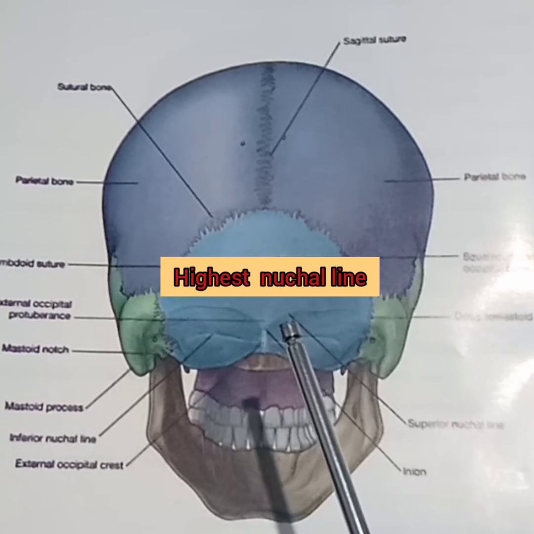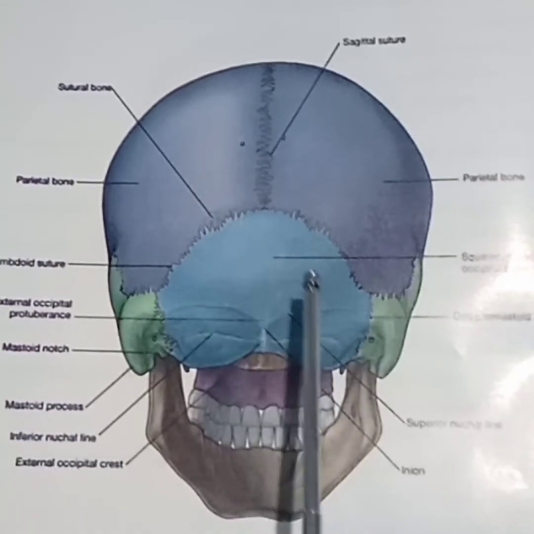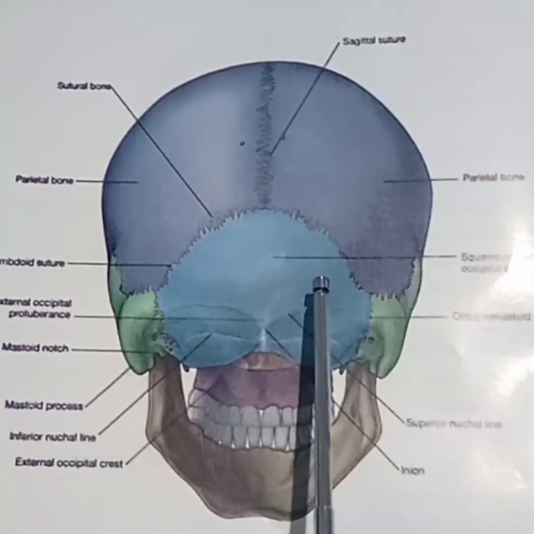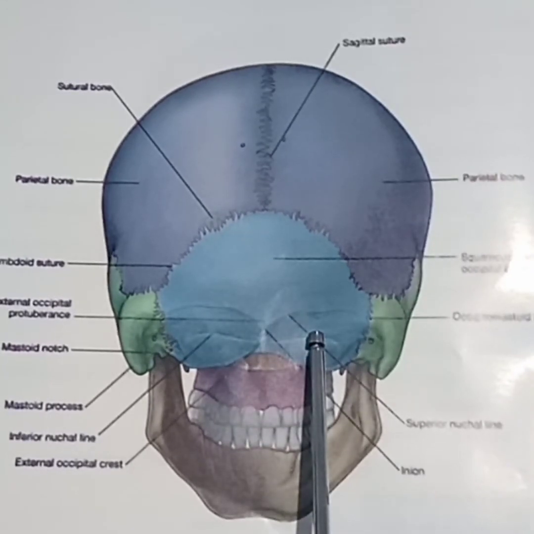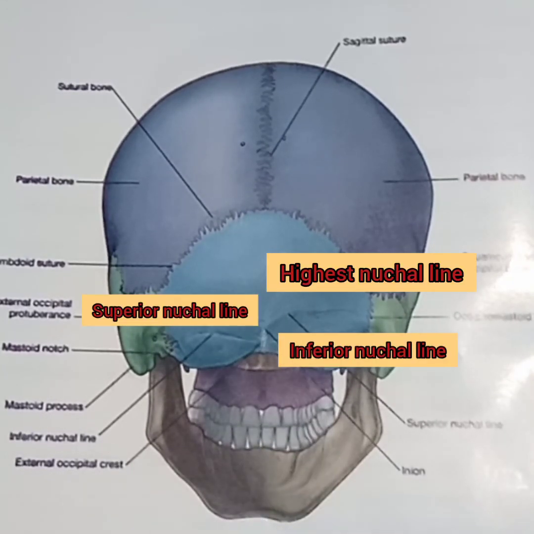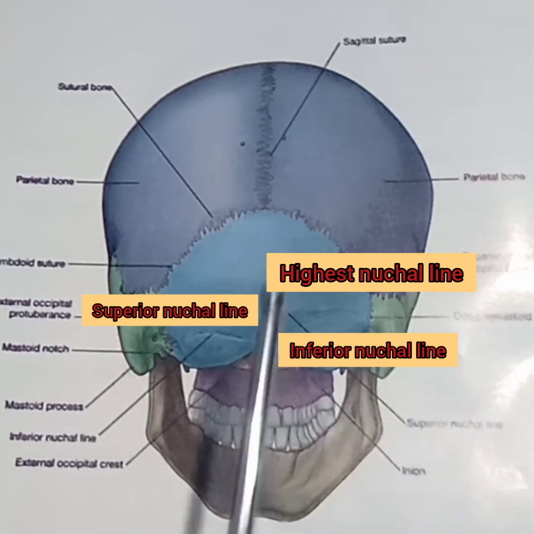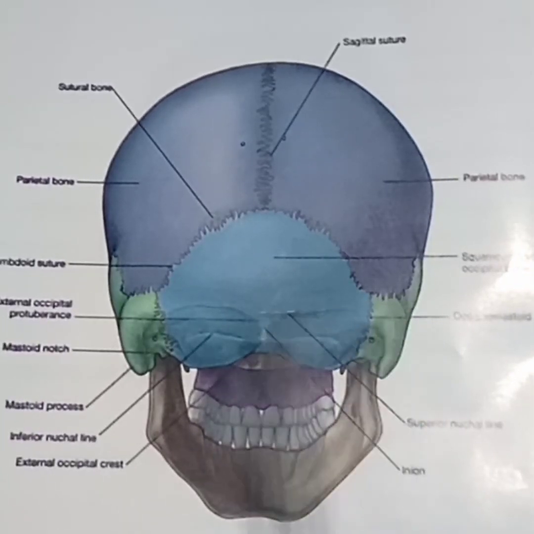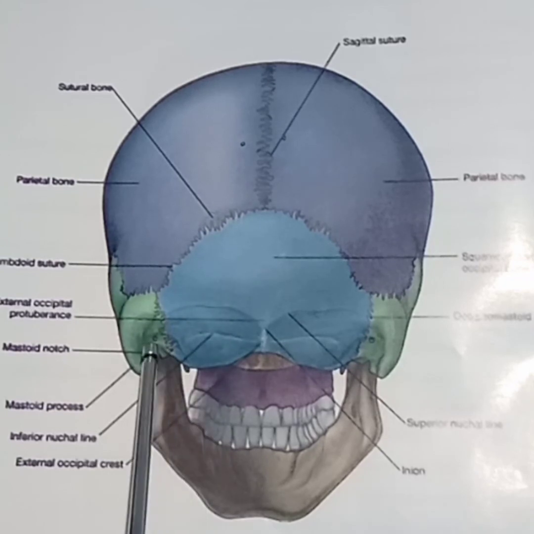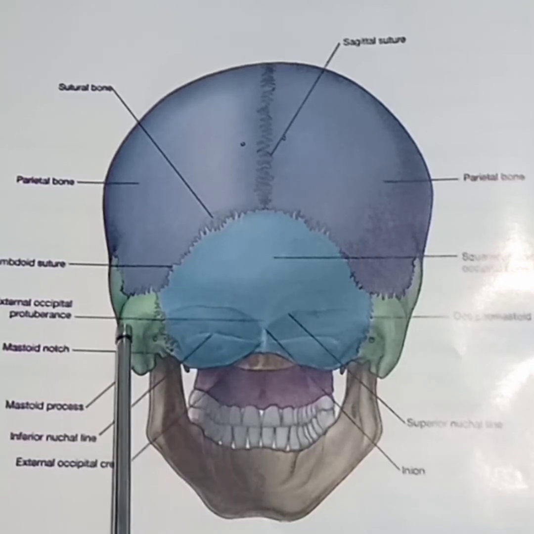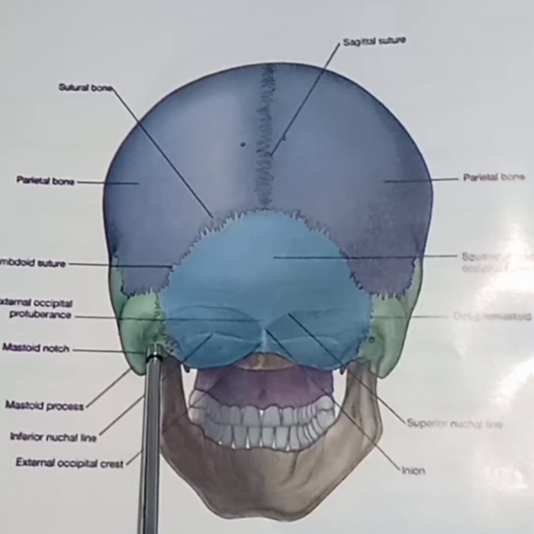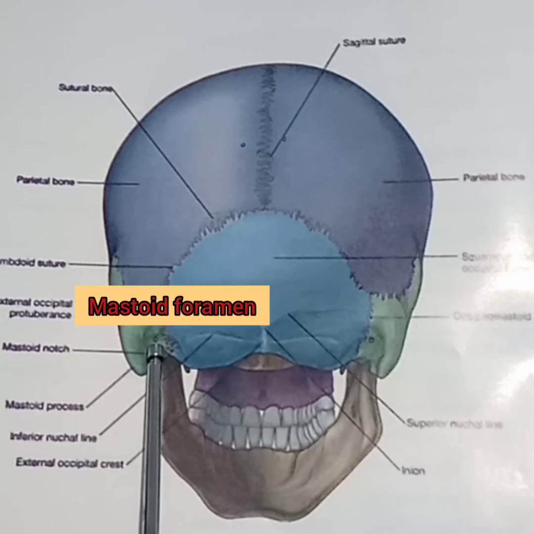So the nuchal lines are 3 on each side: the highest nuchal line, the superior nuchal line, and the inferior nuchal line. When you look to the back of the mastoid part of temporal bone, you can notice here a small foramen. This foramen lies just lateral to the occipitomastoid suture and is named mastoid foramen.